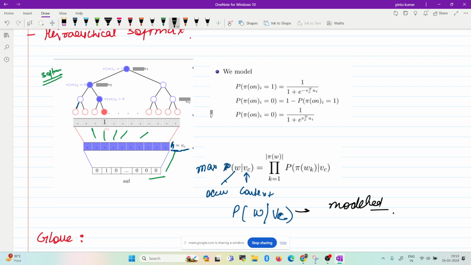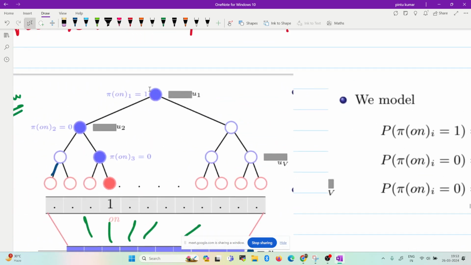Okay, so you start with the topmost node. Okay, let's say your correct output is this. This is your correct output. Okay, so if you move to your left side, then there is a pi function that is defined. That pi function takes value 1. If you move to your right side, then this pi is defined as 0.